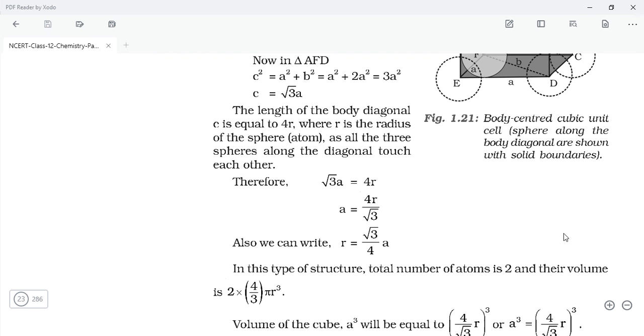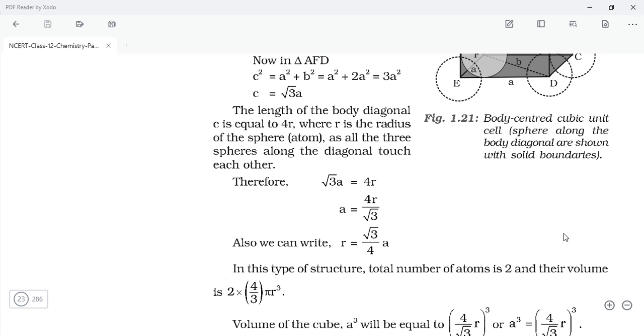In this type of structure, total number of atoms is 2 and their volume is 2 into 4 by 3 pi r cube. And sorry, I should explain how you calculate the relation between the radius and the side of the primitive unit cell. The length of the body diagonal c is equal to 4r, where r is the radius of the sphere or atom.